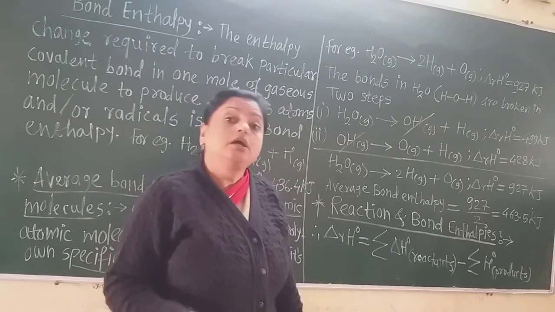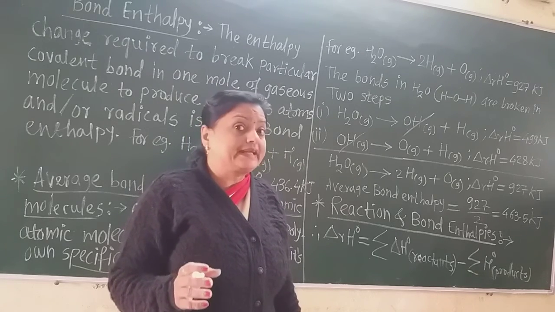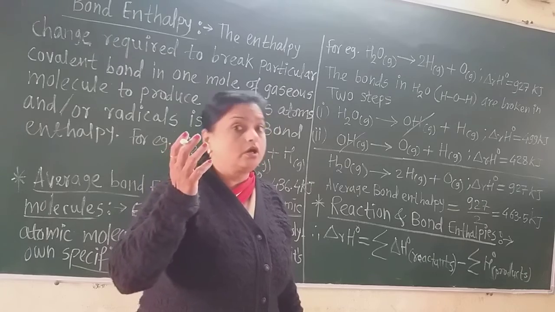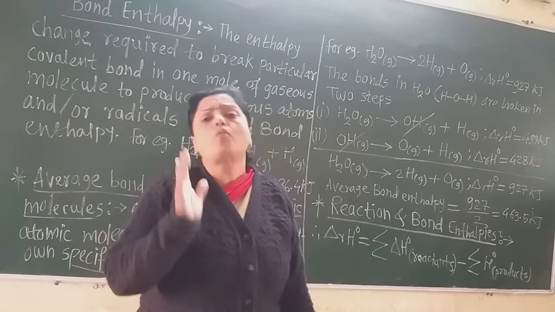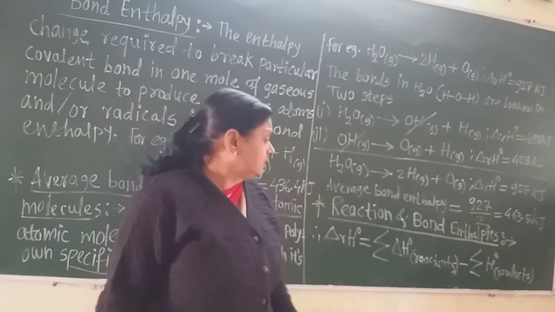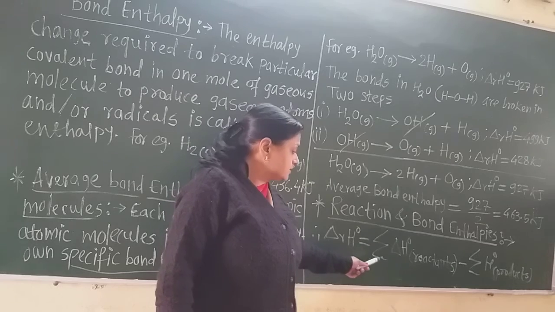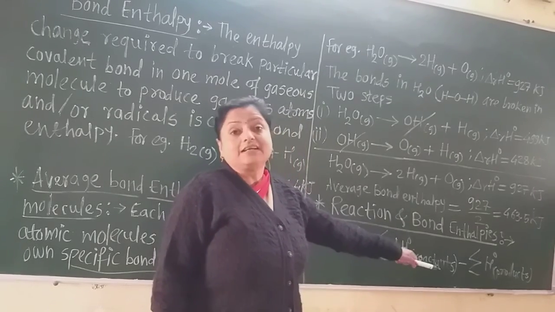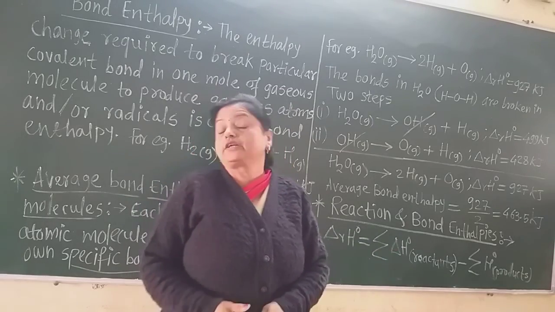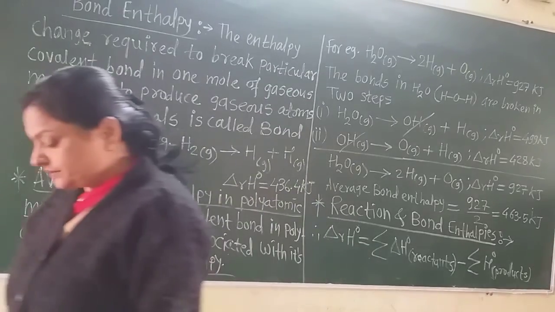Remember students, we always calculate by subtracting the enthalpies of reactants from products, but only in the case of bond break enthalpy the formula is delta H0 equals summation of delta H0 of reactants first minus summation of delta H0 of products. This is the formula. We will learn the numericals in the next lecture.